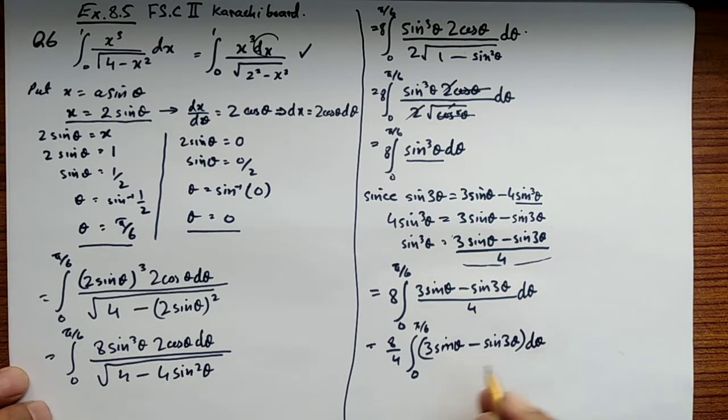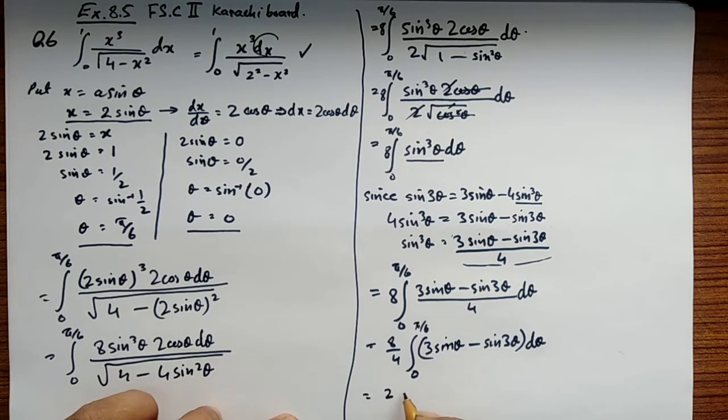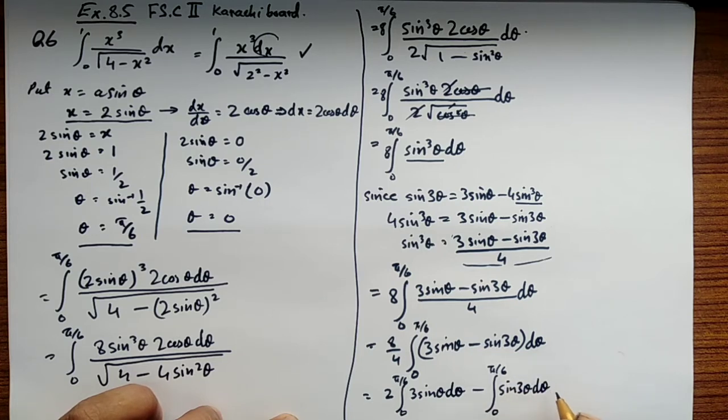Okay, now to find the integral of each part individually, what I'm going to write is 2 times the integral from 0 to pi upon 6 of 3 sine theta d theta minus the integral from 0 to pi upon 6 of sine 3 theta d theta.